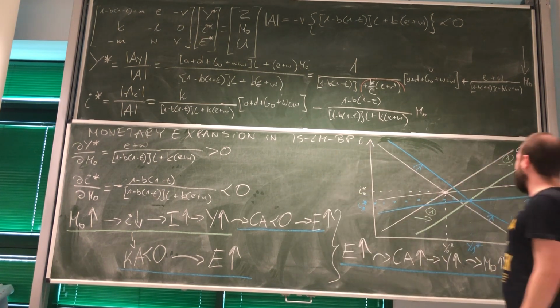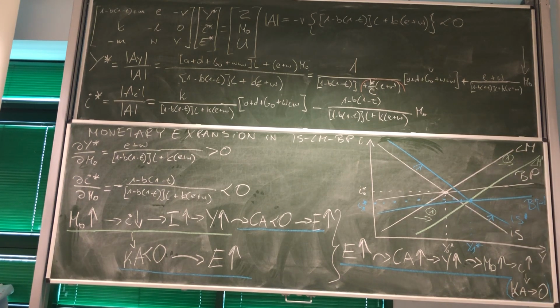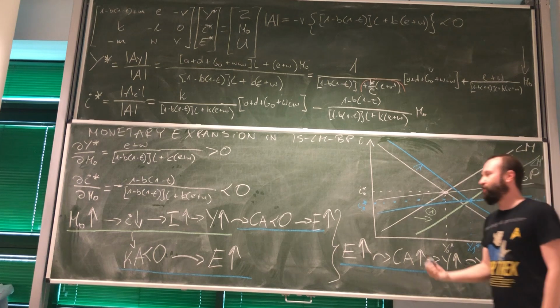And look, the key conclusion from that is, if this was a closed economy, we would be at this point. But this is an open economy, and we ended up at this point with even higher GDP.